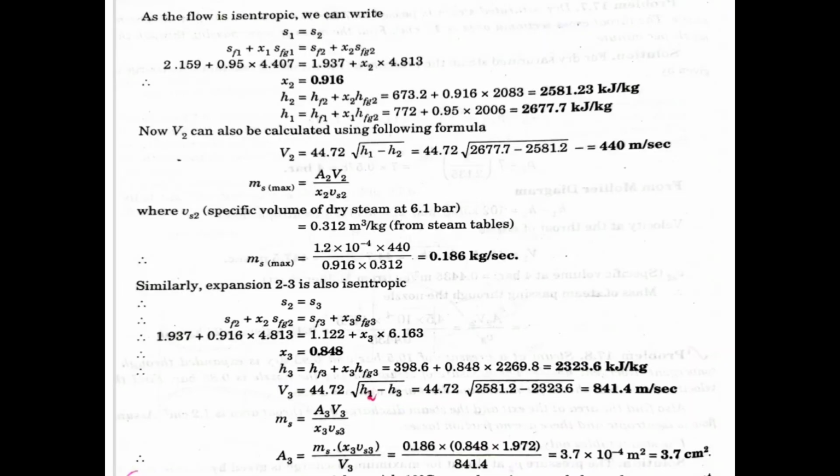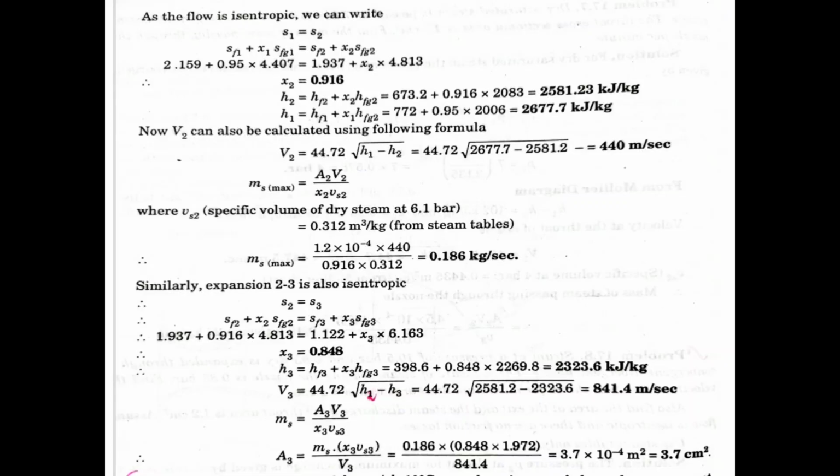From that we find the x2 value, that is the dryness fraction at the throat condition. Then we find the enthalpy at the intermediate and initial conditions. For wet steam, H equal to hf plus x hfg. So H1 equal to hf1 plus x1 hfg1, and hf1 and hfg1 we take directly from the steam table at pressure P1.